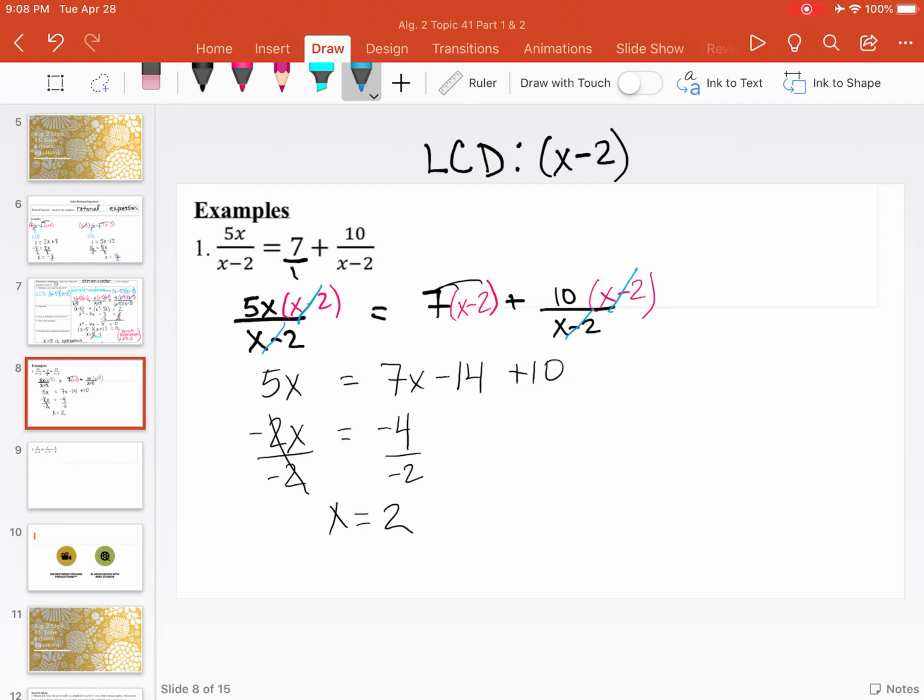We have some denominator restrictions. So if we look back at our least common denominator that we had, x minus 2, we know that if we plugged in 2 for x, that would give us a 0 in the denominator.